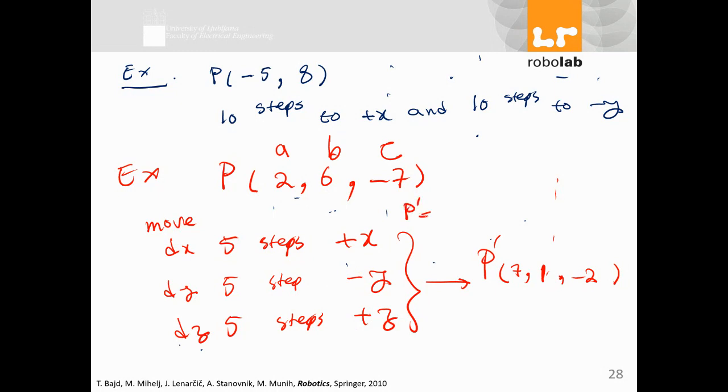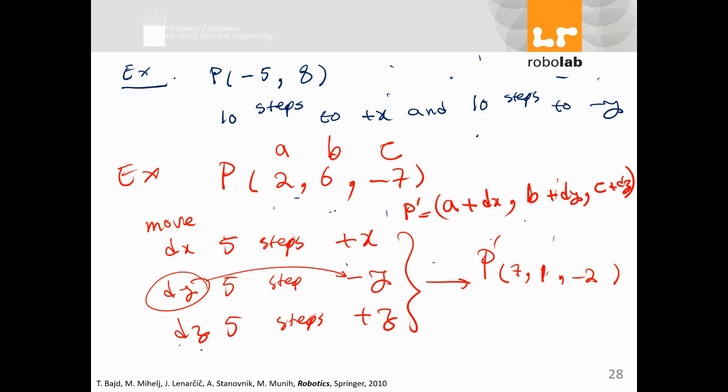So P prime will be A plus dx, B plus dy, and C plus dz. Since it's negative, this one will be negative. Remember to include the sign as well, because movement can be in a positive or negative direction.